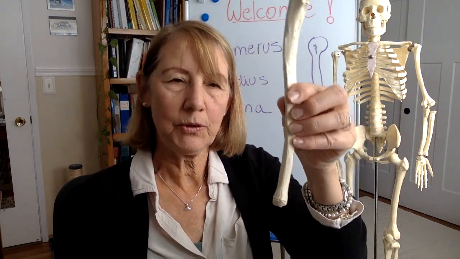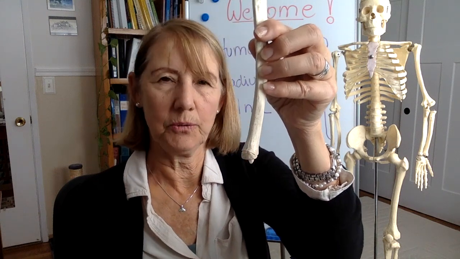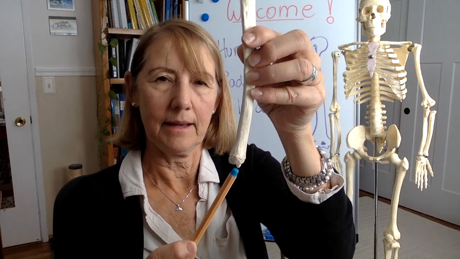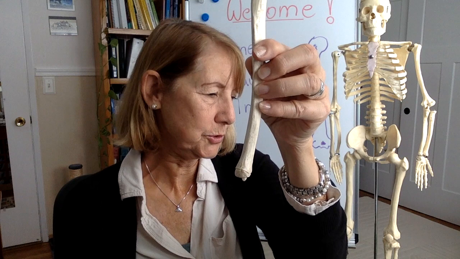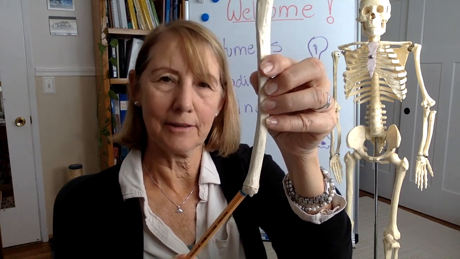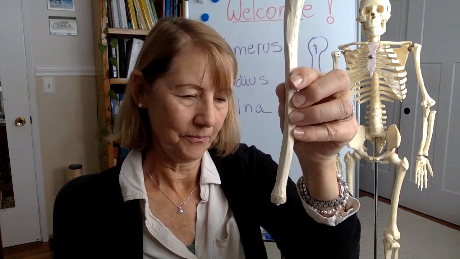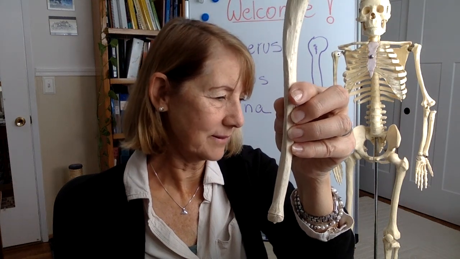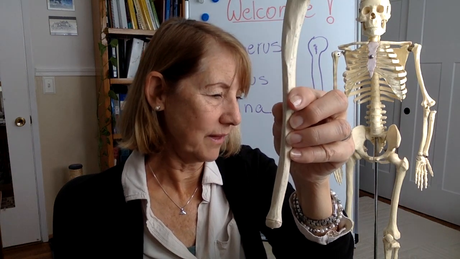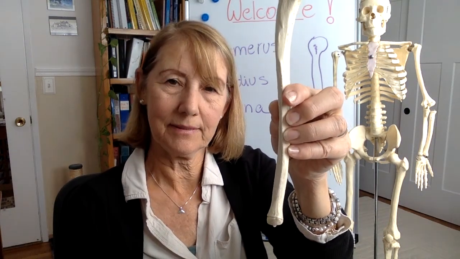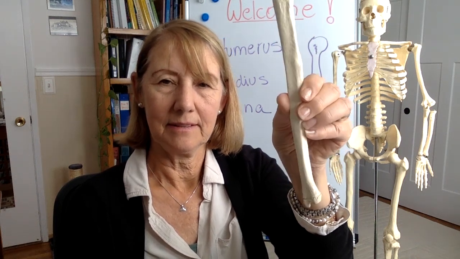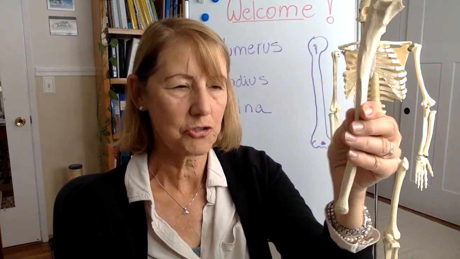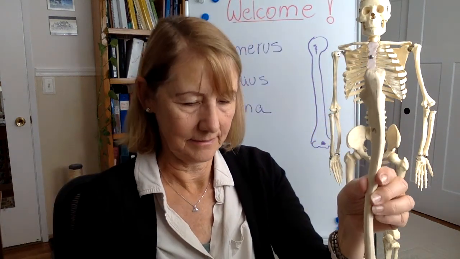And if we keep going down, it too has a little protrusion there, and that is the styloid process. Styloid process. So they both have styloid process, which is a sharp little protrusion that you can see there.